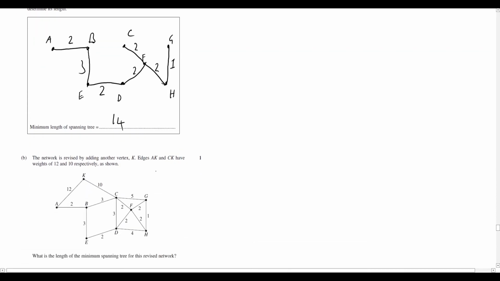Okay, part B. The network is revised by adding another vertex, K. So now edges AK and CK have weights of 12 and 10 respectively, as shown. So we've just introduced this new vertex over here. So now it asks us, what is the length of the minimum spanning tree for this revised network? Okay, so we need to connect K to either C or A. So which is going to be the better option?